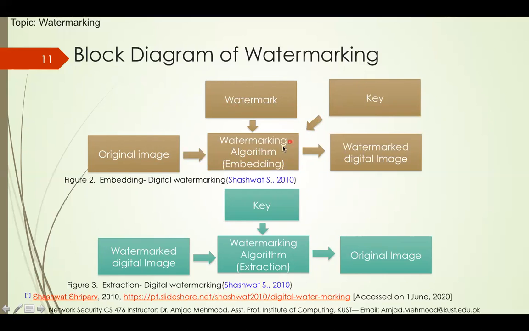This will be embedded in it, and you will get a watermarked digital image. Now this watermarked digital image will be sent to the process of extraction on the recipient side, and using the key which is already communicated to the intended recipient, the recipient can extract that information and get the original image. So this is how the original image will be received.